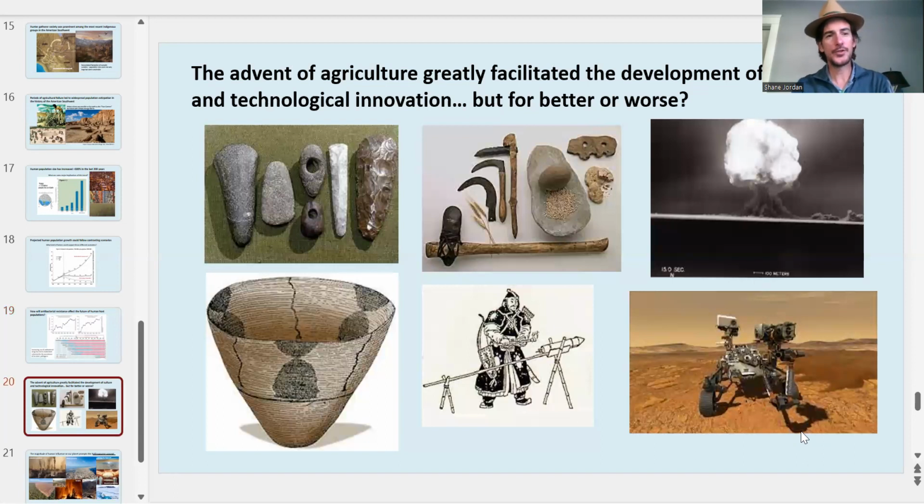So this leads to a broader question. We know the advent of agriculture really greatly facilitated the development of culture and human technological innovation, but we might want to ask the question whether or not this was really for better or for worse.